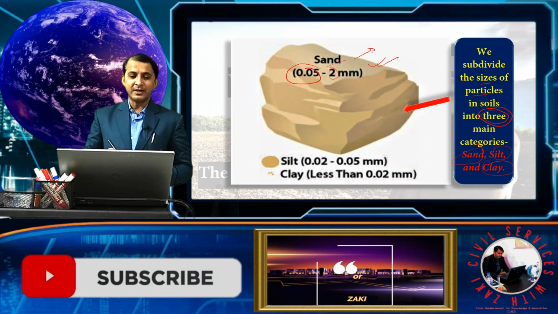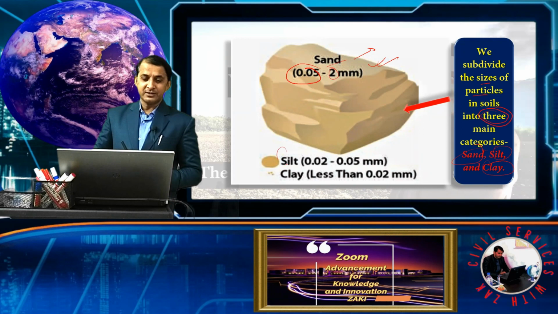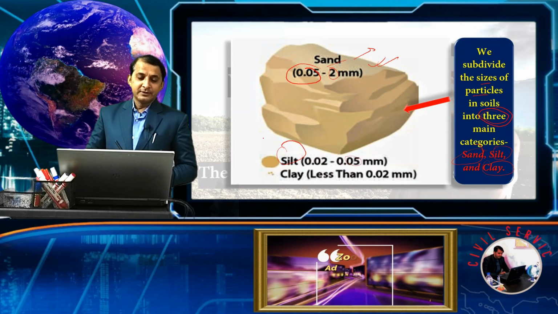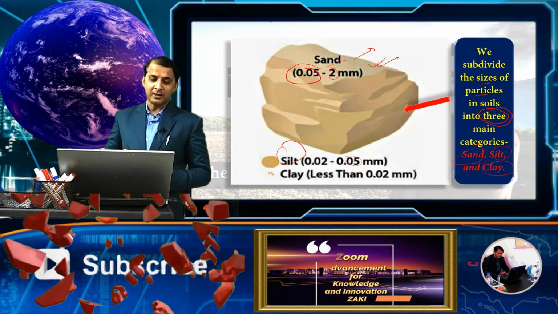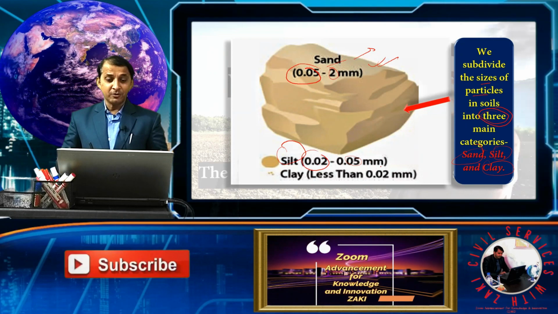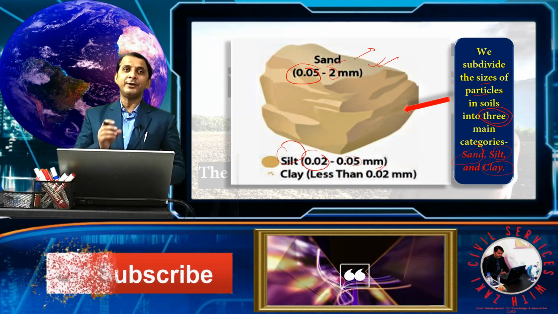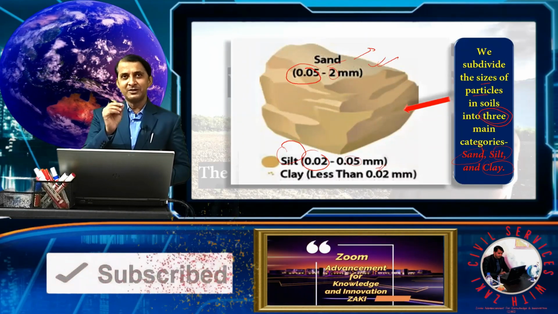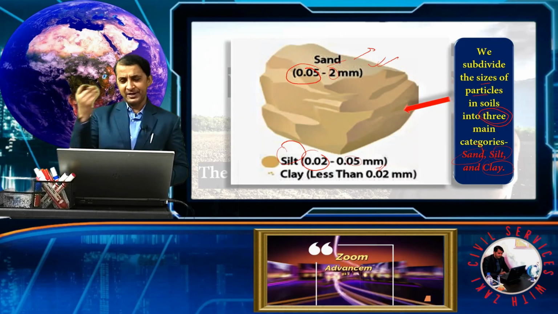Second largest is silt, 0.2 to 0.05, and the smallest soil particles are called clay, which is less than 0.02 millimeter. That's why clay soil is very smooth and sandy soil is very rough, because their particle size varies greatly.